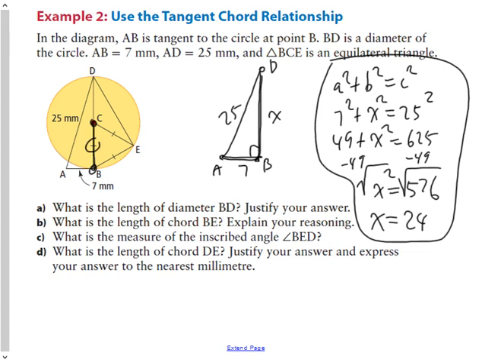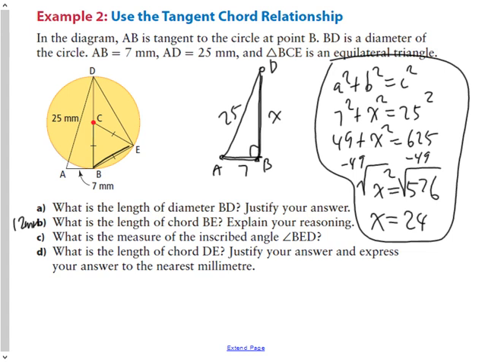And this little tick, this little tick, and this little tick tell me that all three of those sides are equal. So this chord BE right here has to be the same measure as the radius, and therefore is 12 millimeters.